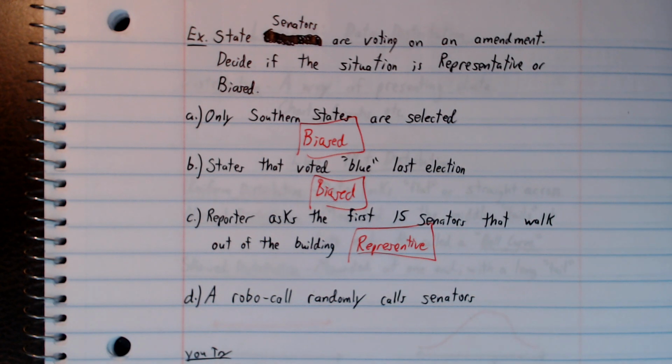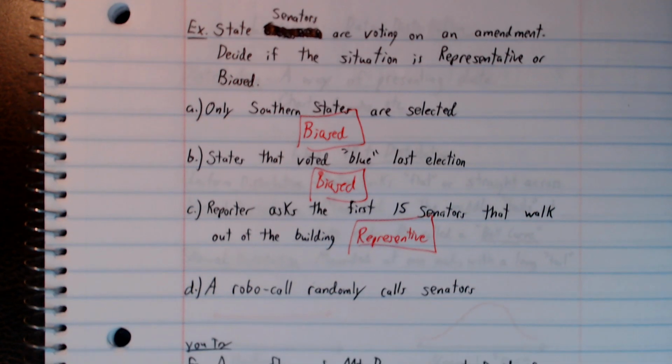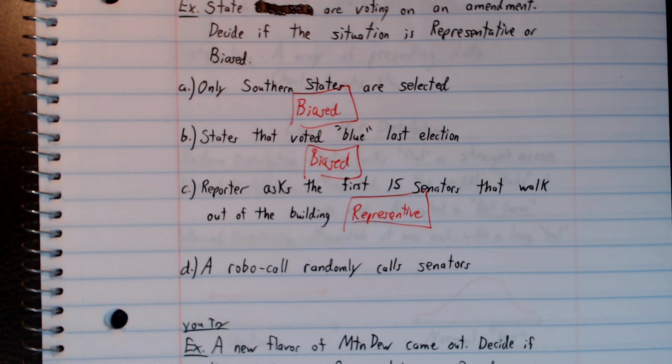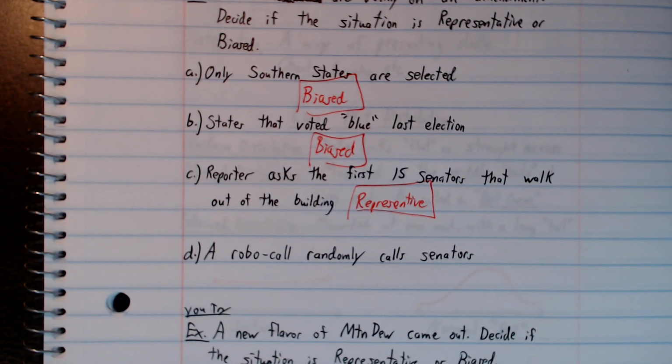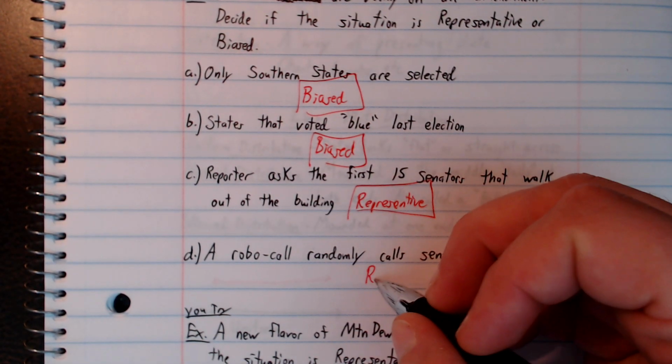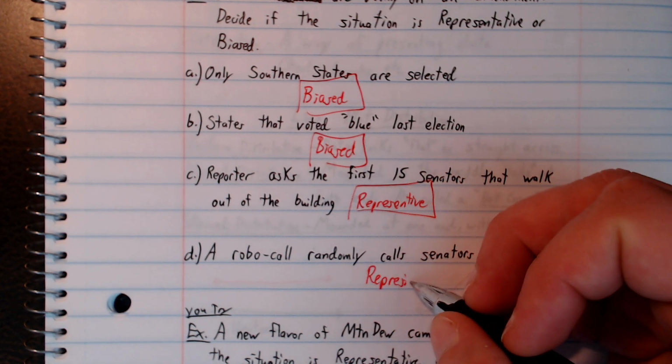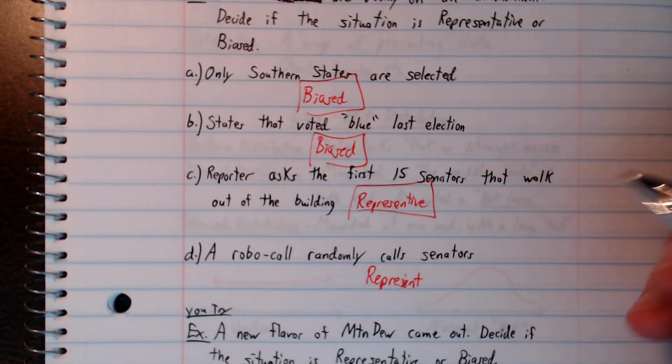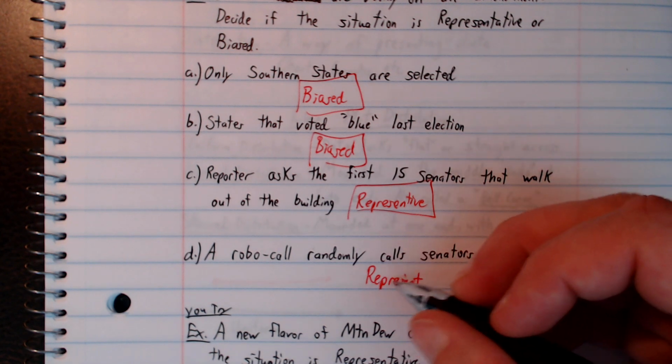But if you're all exiting from the same place, I would say representative. And then finally, a robocall that randomly calls the senators. If you had put all the senators' names into a phone bank and randomly called them, that would definitely be representative. Oops, I spelled that wrong. Representative.